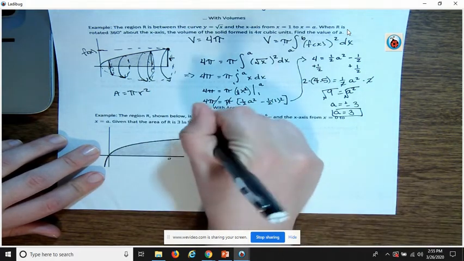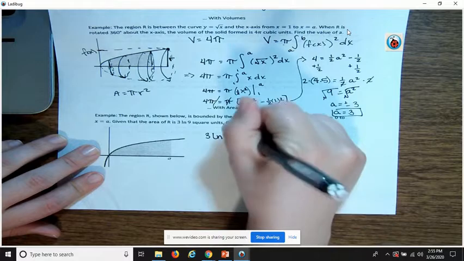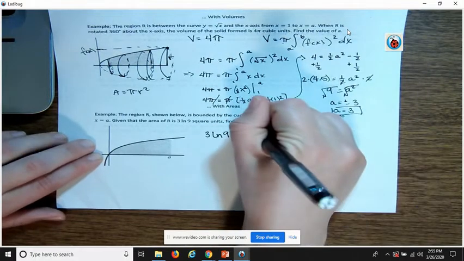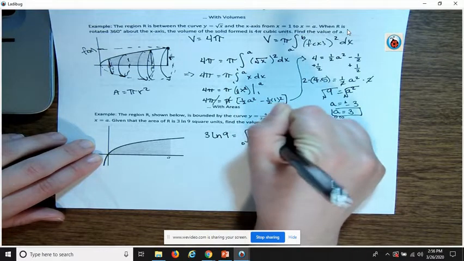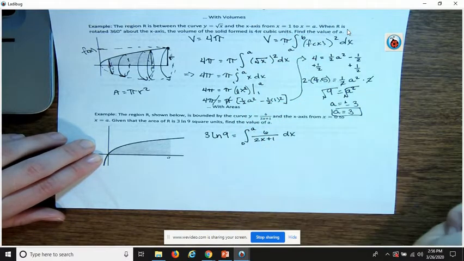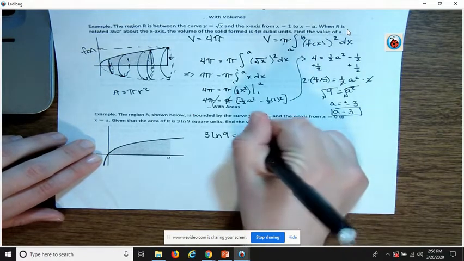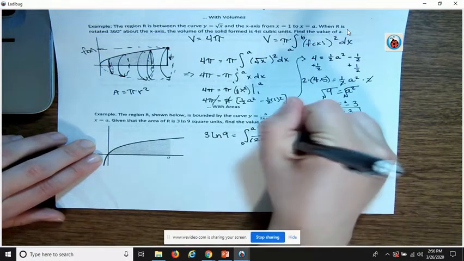So I'm going to have the area 3 natural log 9 is equal to the integral from 0, because we started at 0 this time, to a of 6 over 2x plus 1 dx.